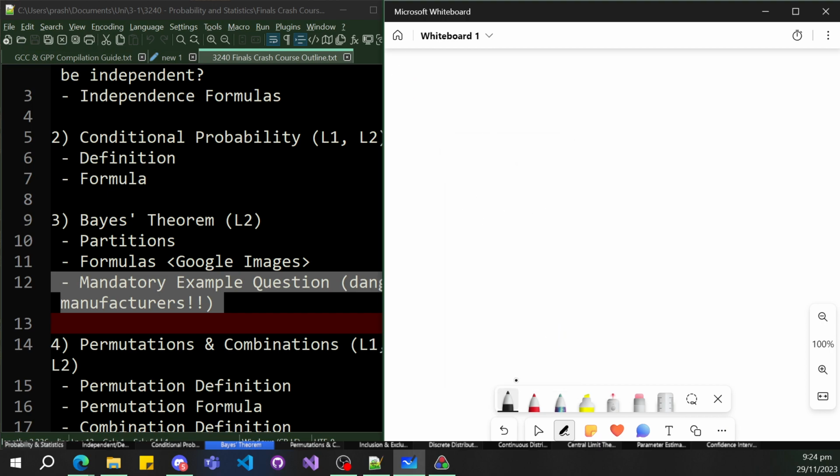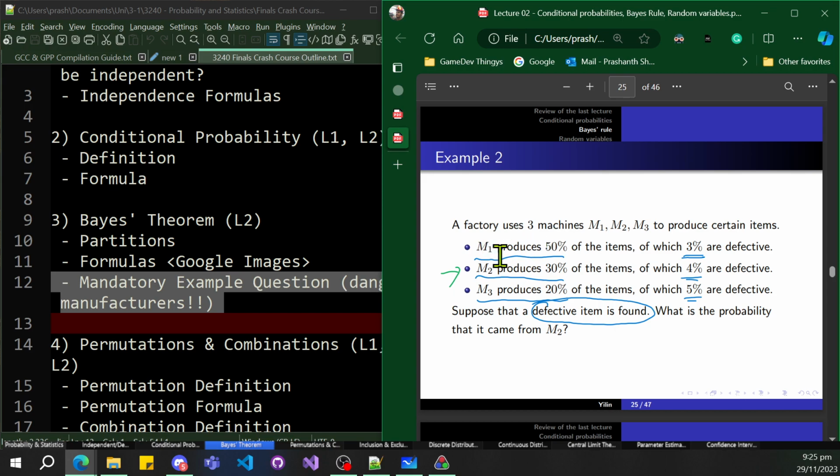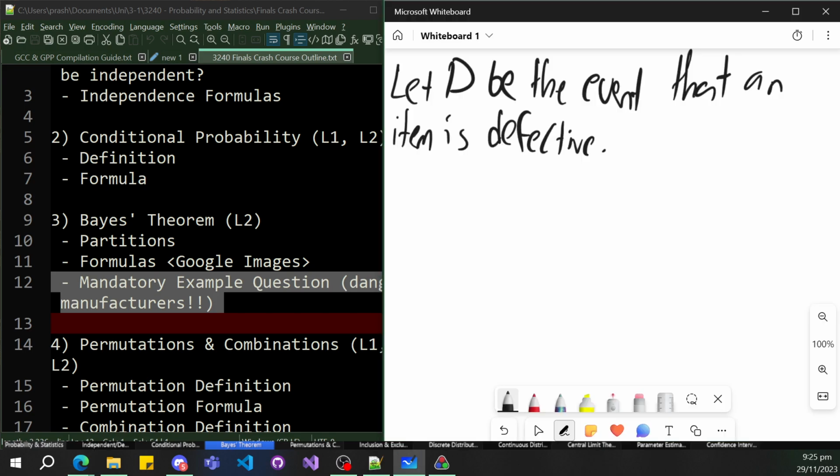Let D be the event that an item is defective. M1 produces 50% of the items, of which 3% are defective. Let's write this out into numbers. First half, M1 produces 50% of the items.